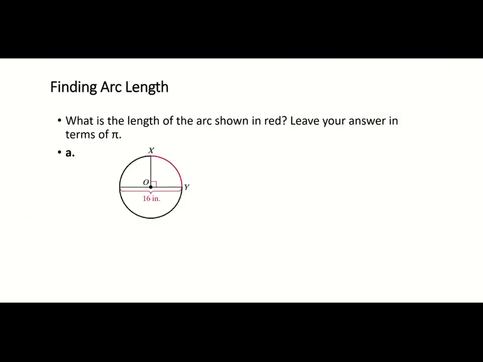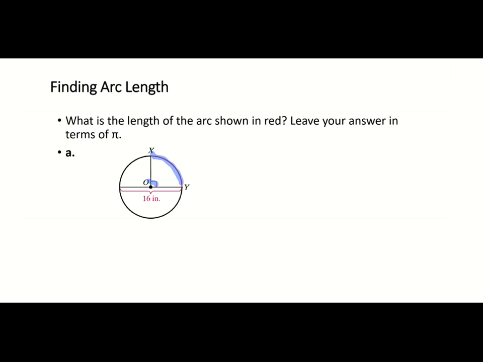All right, so here we're going to find the arc length of arc XY, which is shown right here. Now, we need two things to do this. We need to know the degree of the arc, which we know, because this is a 90-degree angle.